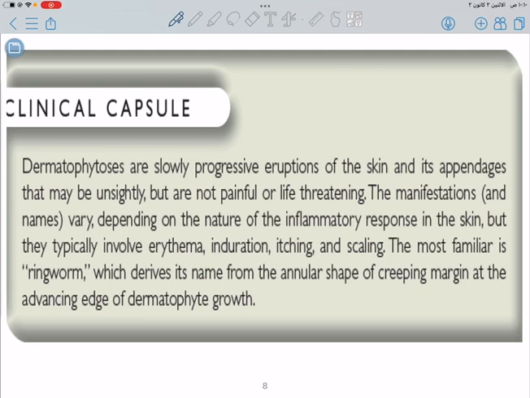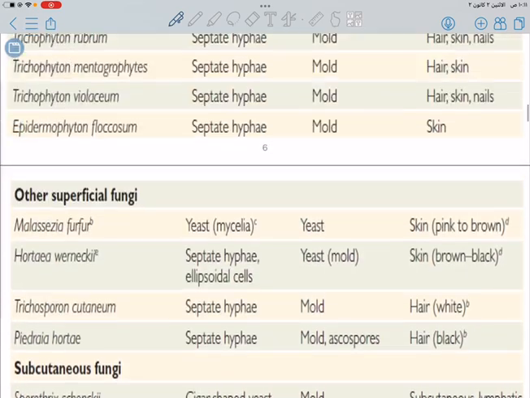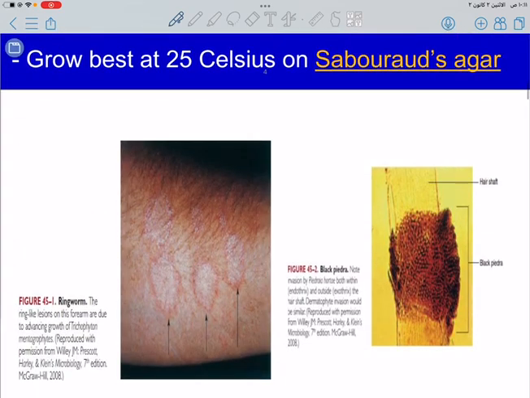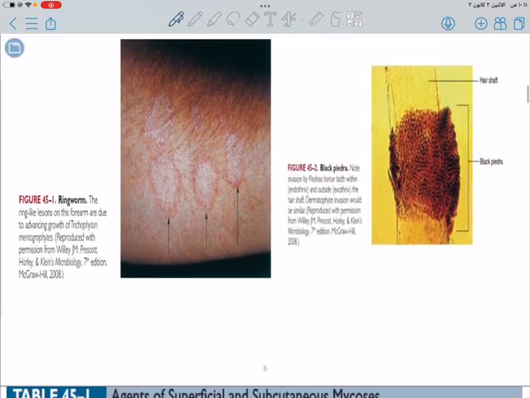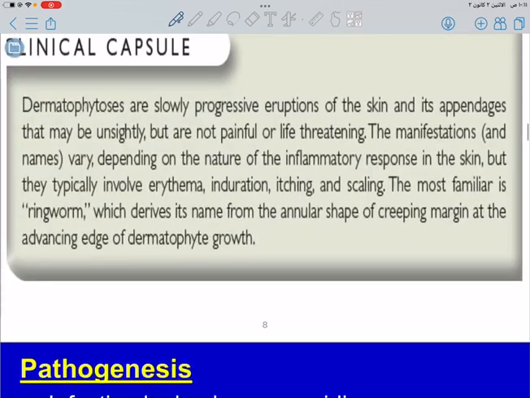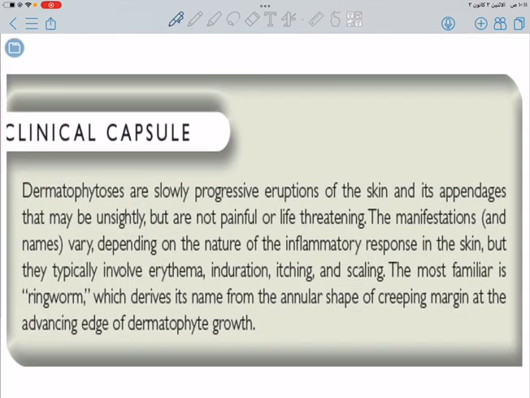The most common is the ringworm that we have seen. This is the ringworm, in the shape of circles. And why the name ring? Because it has an annular shape.